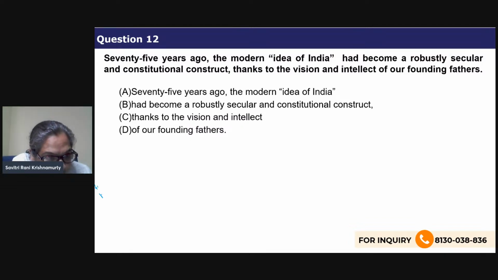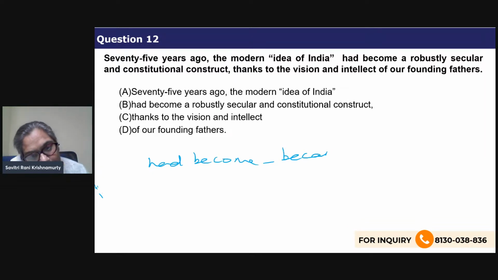It is not had become, but it is became. Why? Because we're talking of only an event that happened 75 years ago. When you are talking of only one incident that happened in the past, or one event or one anecdote about the past, it will be a simple past.